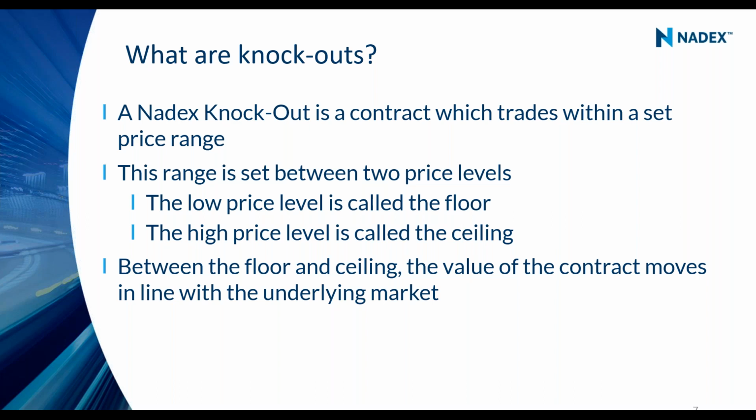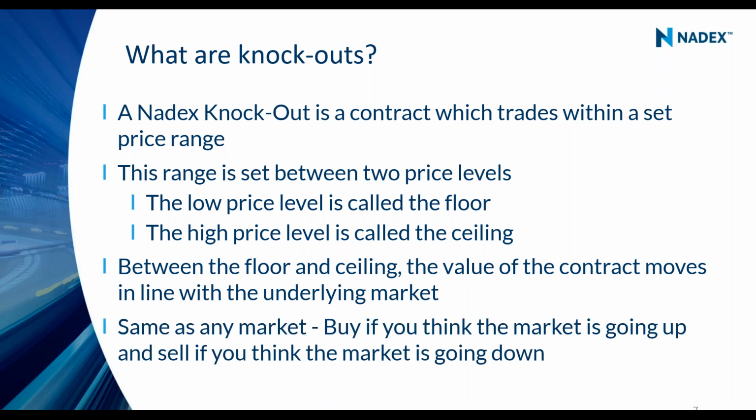You are trading specifically the price of gold futures. So unlike a binary option, where you're trading the probability of an event happening or not happening, with a knockout, you're simply trading the price of the underlying.